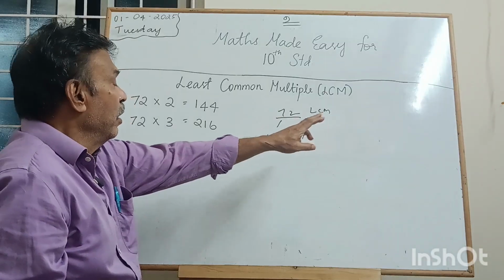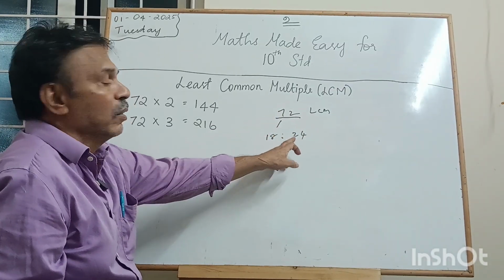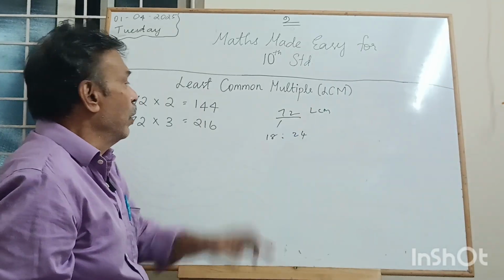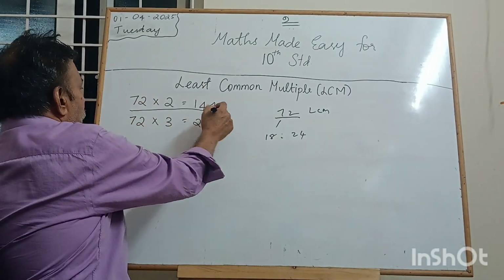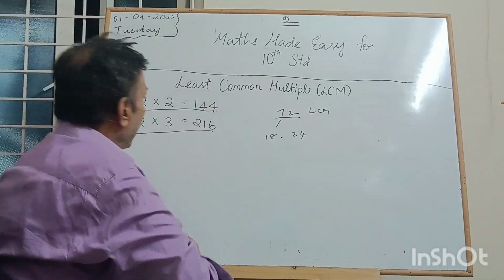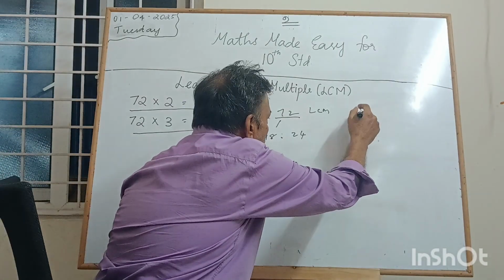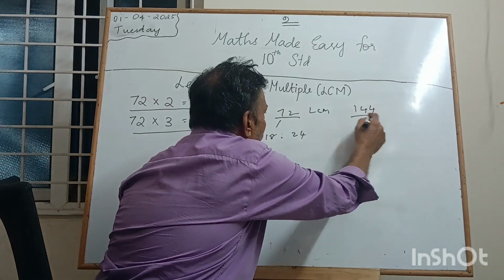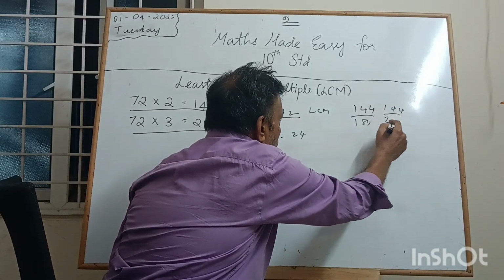You just check: below 72 you cannot divide by these two numbers. Now take 72 into 2, that is 144, and 72 into 3. Again 144 can be divided by 18 and also by 24.